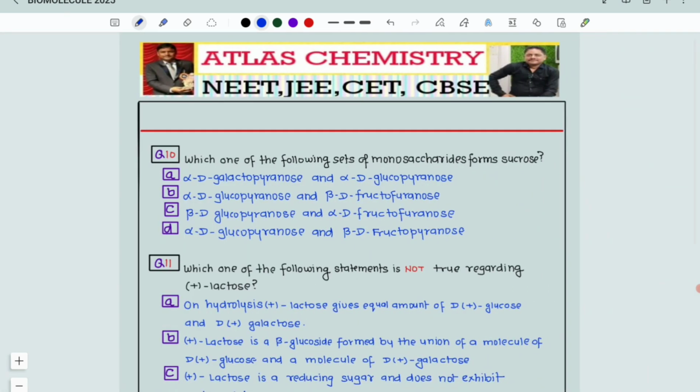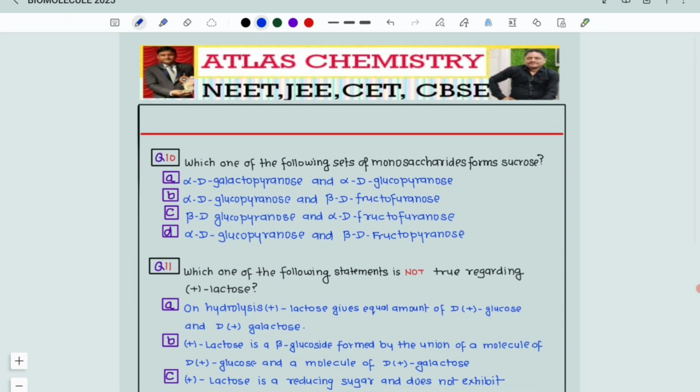Now we come to the next question. The question is, which one of the following sets of monosaccharides forms sucrose? Sucrose is made of two units: one is alpha D glucose and the second one is beta D fructose. Glucose has a glucopyranose ring and fructose has a furanose ring.